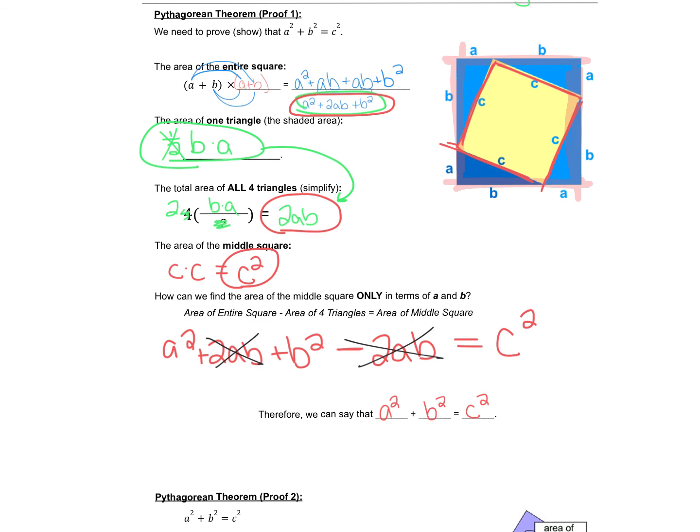So if I have this whole thing, let's shade it in real quick, and I take out my triangles, I'm only left with that yellow square in the middle, which was c squared. And that's why we have this Pythagorean proof.